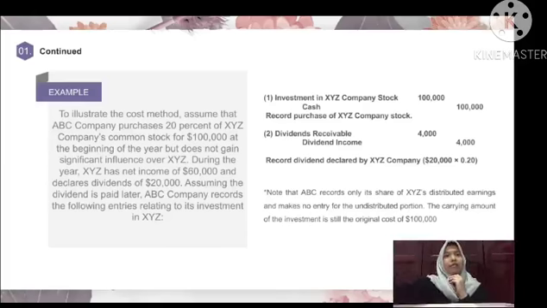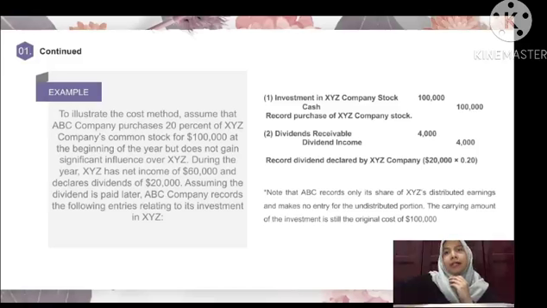Let's illustrate the cost method. Assume that ABC company purchased 20% of XYZ company's common stock for $100,000 at the beginning of the year but does not gain significant influence over XYZ. We can see investment in XYZ common stock in debit, cash in credit, to record the purchase of XYZ common stock.